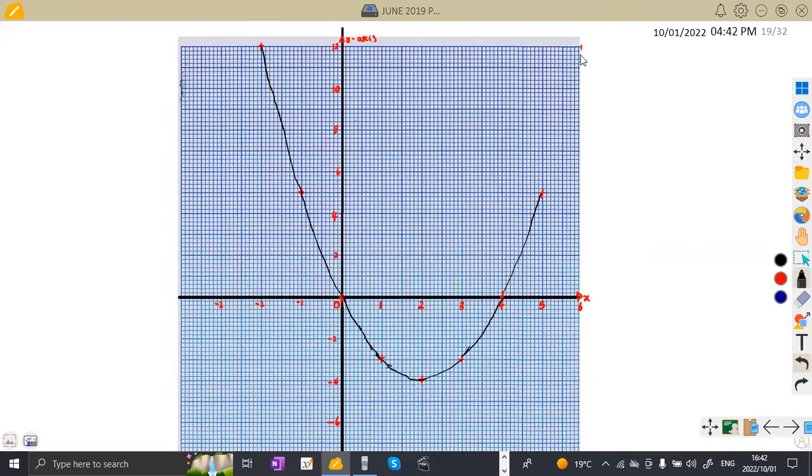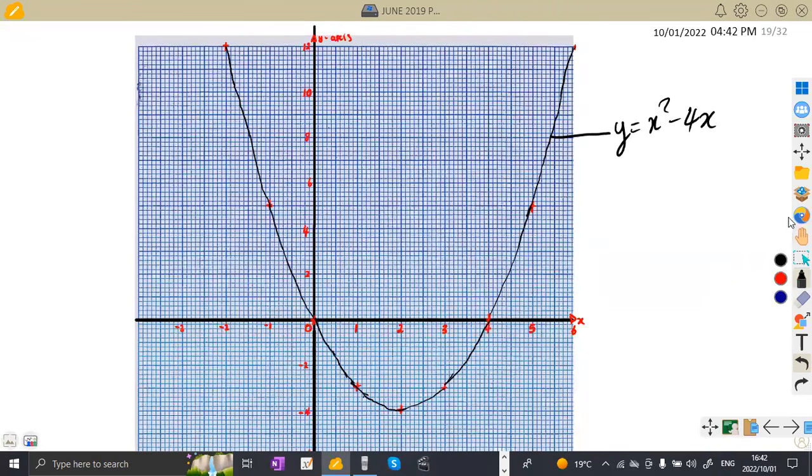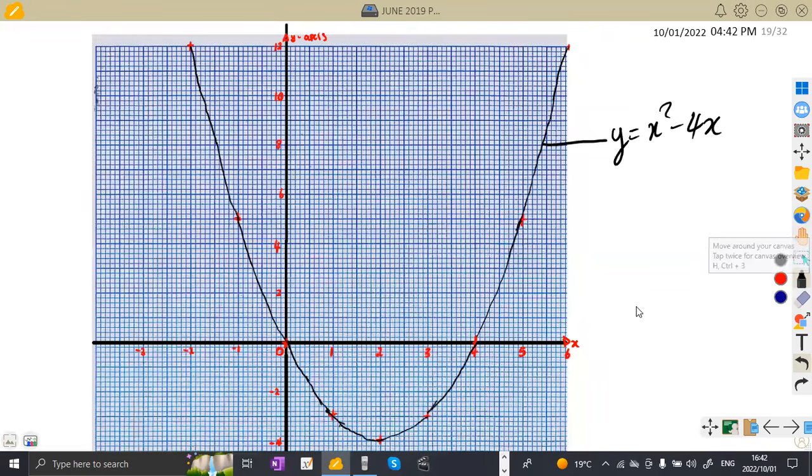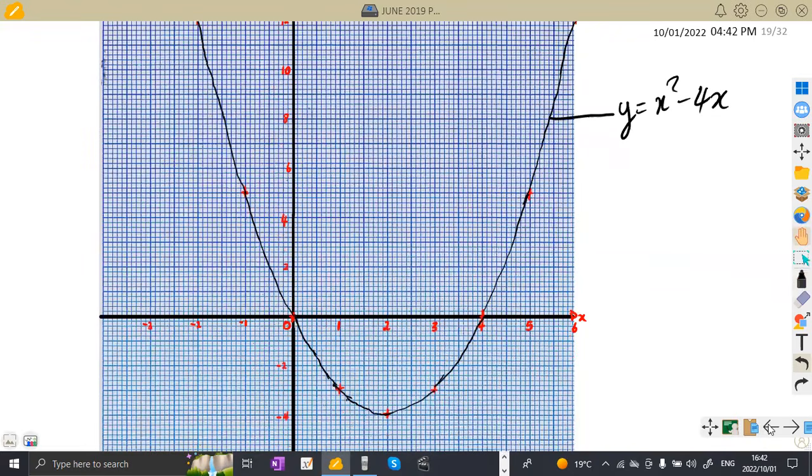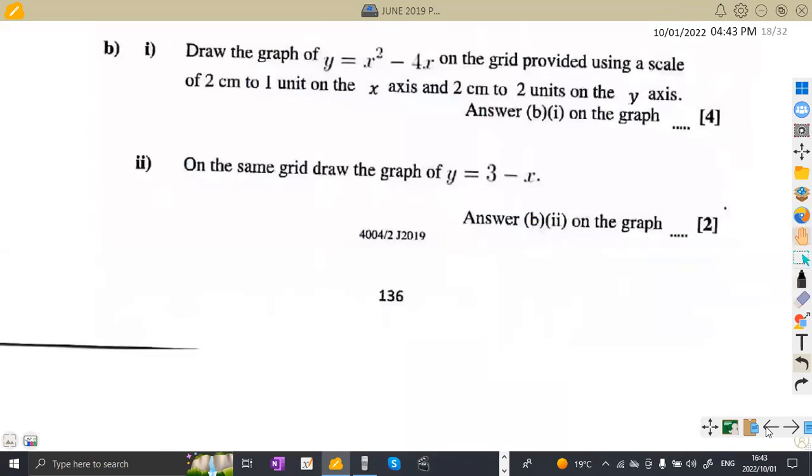So it's actually not smooth, but supposed to be something like this. Okay, so that's how your graph is supposed to be like, and you write down the equation. Remember, the equation was x squared minus 4x, y is equal to this and that. Okay, so it seems smooth, but not that smooth. So try to have something smooth more than what I've done there.